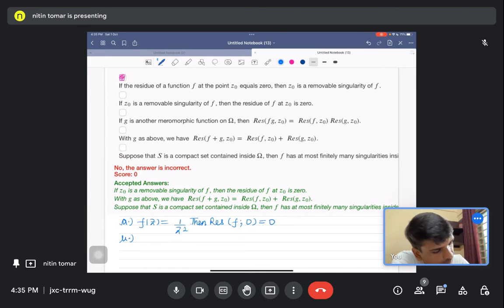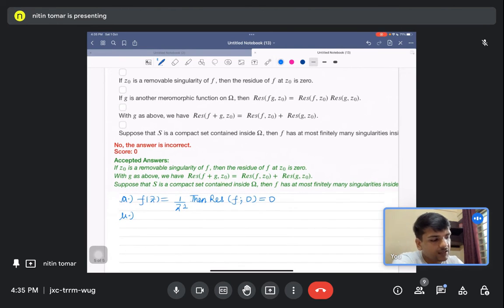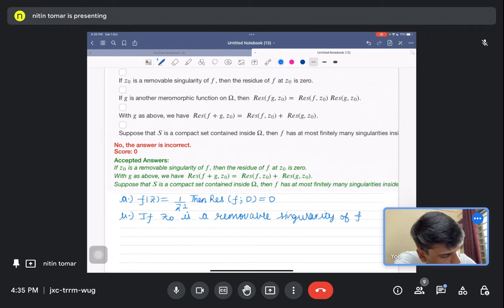Now the second, part B: if z naught is a removable singularity, then the residue is 0. That is correct. Why? If z naught is a removable singularity of f, then no negative powers occur.